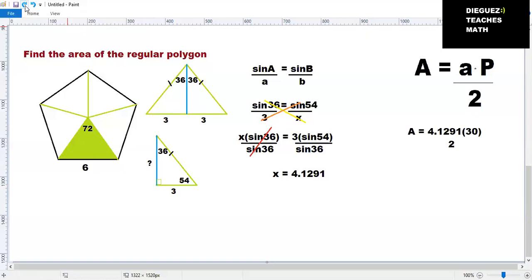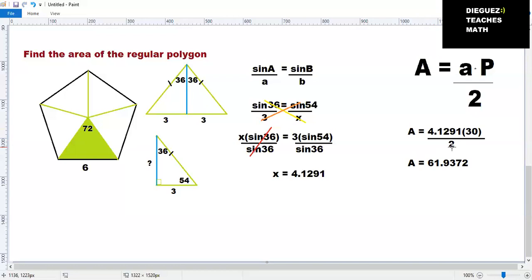So now I have the apothem and I have the perimeter. My apothem, again, is 4.1291. So this is the apothem, the distance here. And I have the perimeter, which we said was 30. So I go ahead and I substitute everything in. So apothem times perimeter divided by 2.